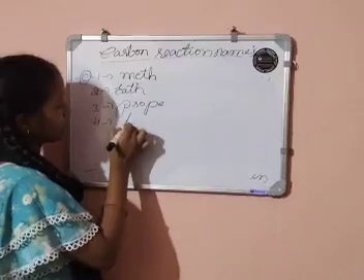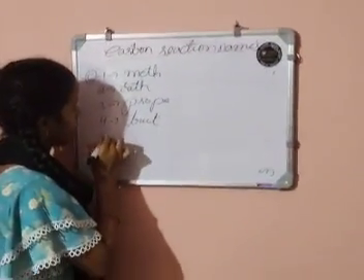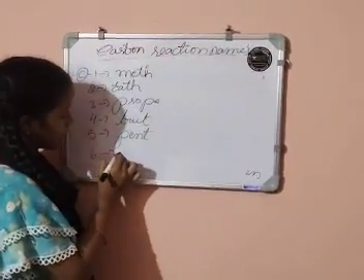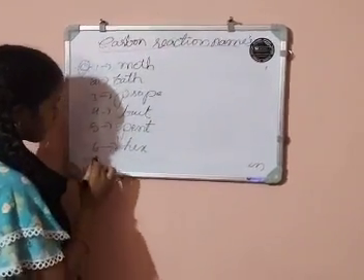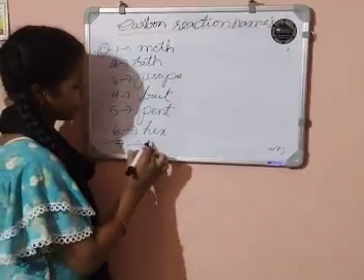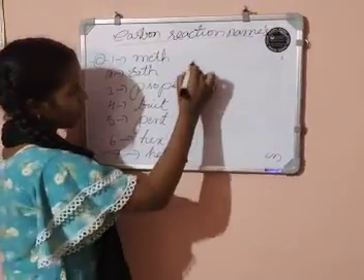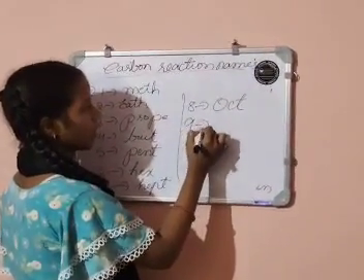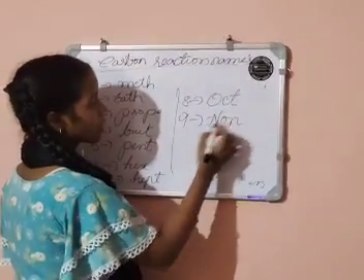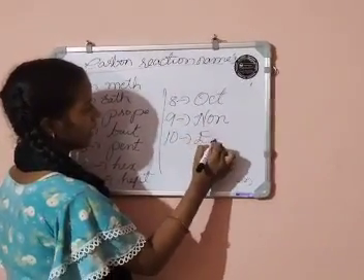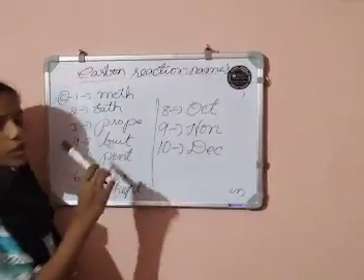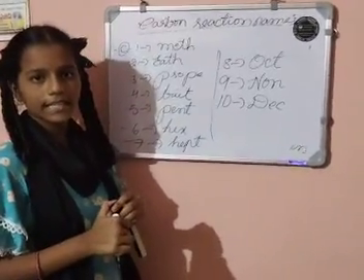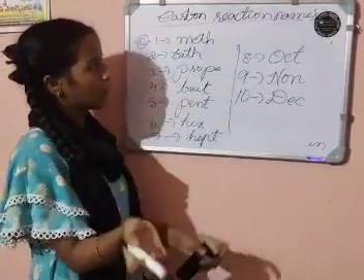Four carbons, but. Five carbons, pent. Six carbons, hex, and seven carbons, hept. Then eight carbons called oct, nine carbons called non, and ten carbons called dec. These are the names for the carbons: meth, eth, prop, but, pent, hex, hept, oct, non, dec. These are the 10 names for the carbon.